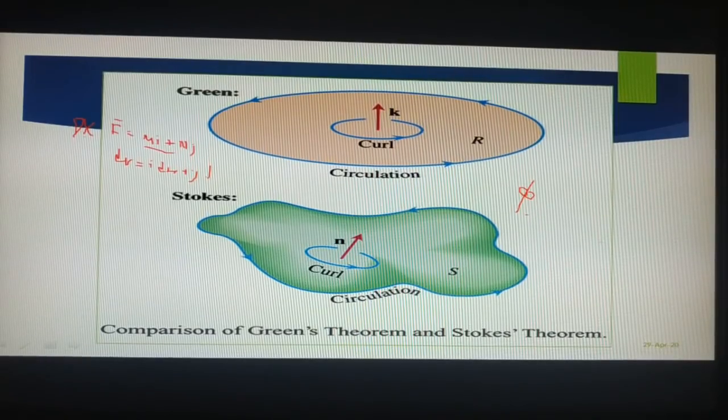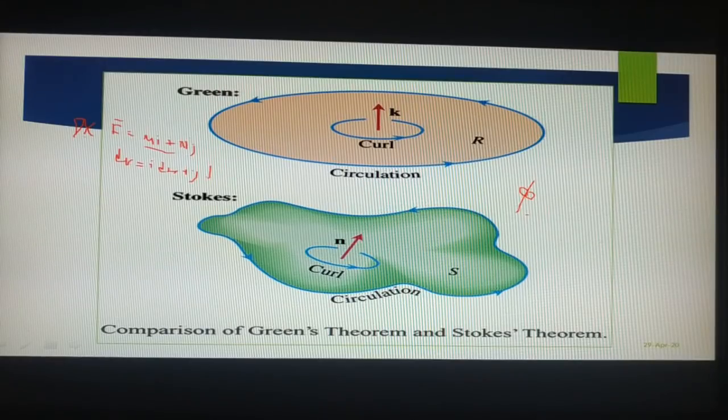That formula is for two dimensions. Because of that, k dot k will equal 1 and we get the double integral over some region R of dou N by dou x minus dou M by dou y dx dy.